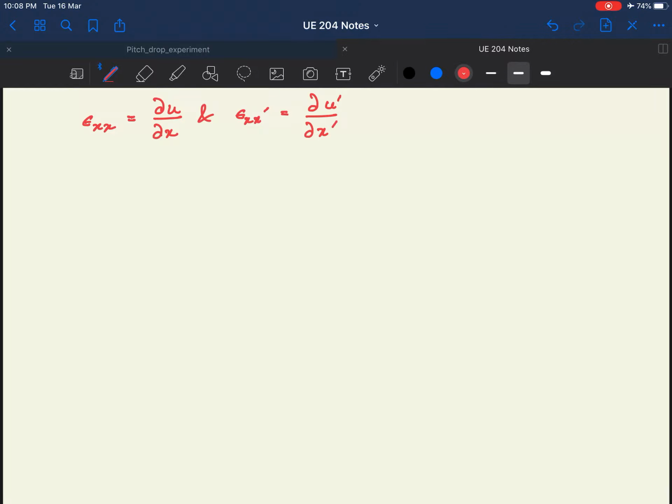By using a chain rule, since I know the relationship between x and x dash, I am breaking this up into this kind of chain rule.